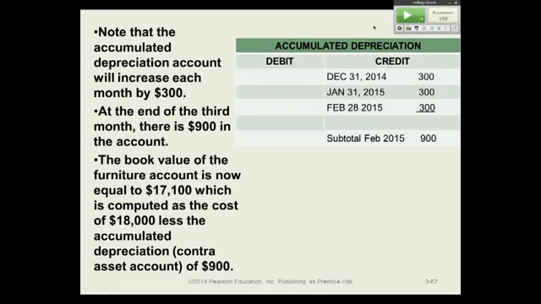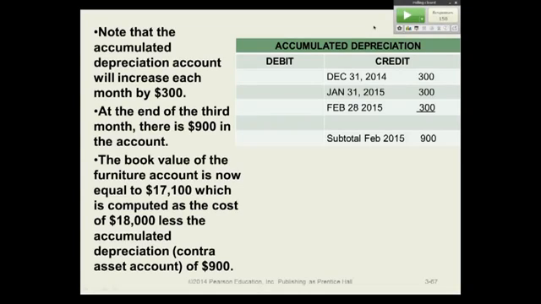It accumulates period after period, so that in December, January, and February, the next 3 months, you're going to have 900 at the end of February in accumulated depreciation. So that at this point, the net book value on the balance sheet is 17.1.